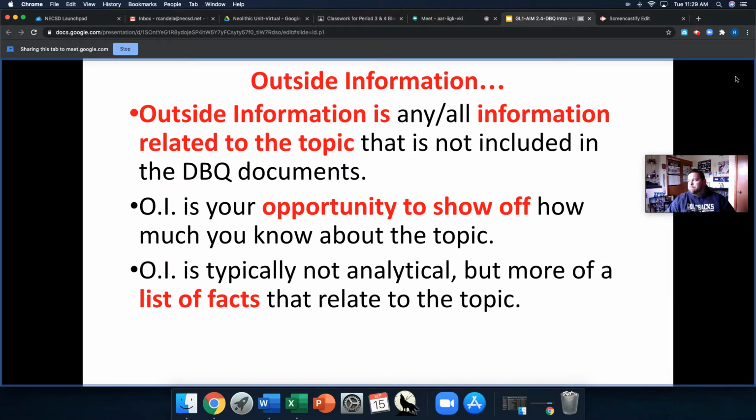So, for example, if I'm reading a document and the document says one color of the rainbow is red, that's the document. When I write my essay, I'll say, according to document number 1, one color of the rainbow is red. And that's my document evidence. And then I might go on to say, other colors of the rainbow include orange, yellow, green, blue, indigo, violet.